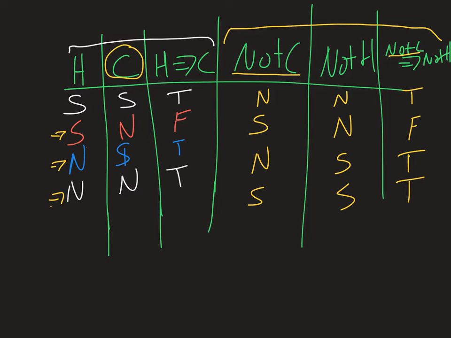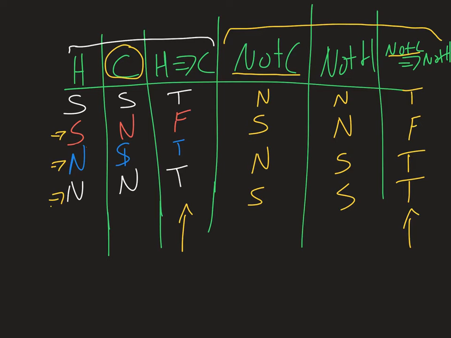Now, I'm not too worried if you don't understand the truth table just yet, but look at these two columns. For two statements to be logically equivalent, they have to be true or false at the exact same time.